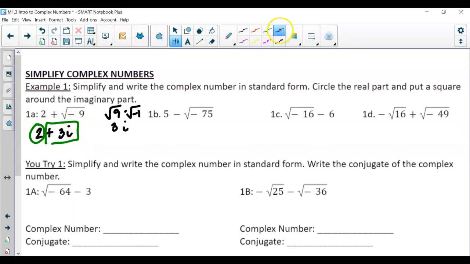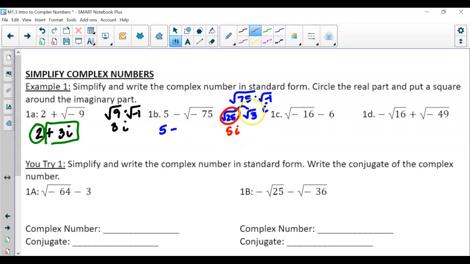So then here, I've got 5 minus, now notice we do need to break this apart. So again, here we've got 75 and -1, so we know we're going to need i, our imaginary. Breaking this apart, we can break it into what two factors? 25 and 3, because what is the square root of 25? 5.